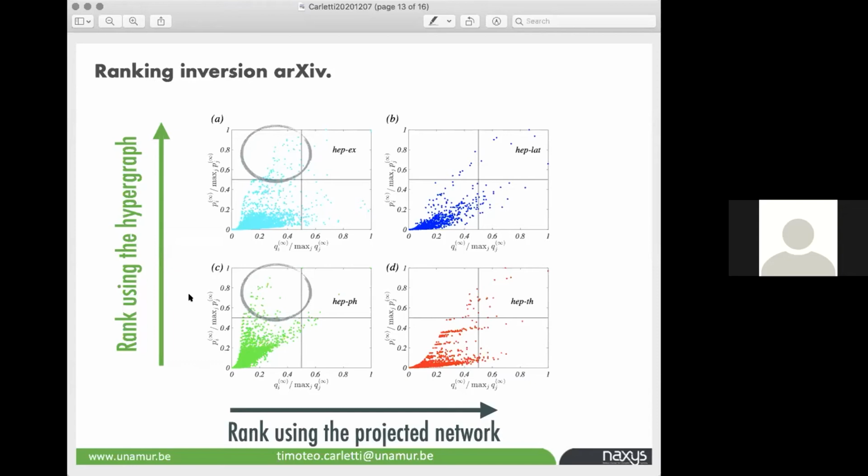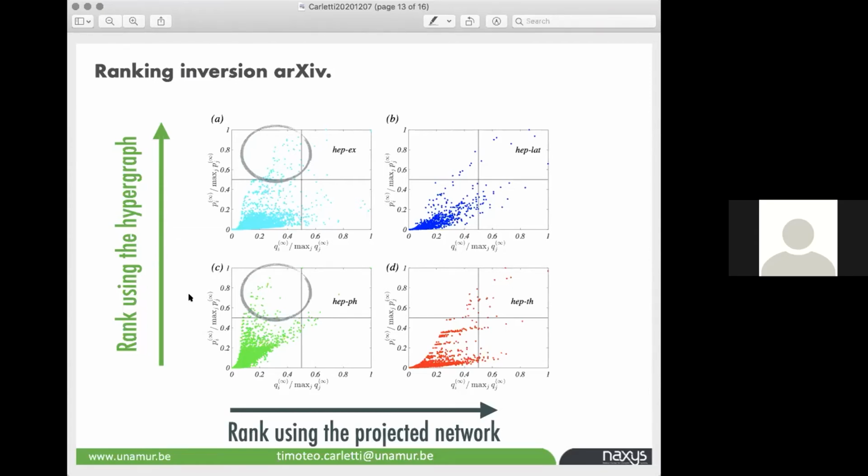And indeed, you can show that using this approach, you can differentiate the theoretical part, where researchers wrote papers in small groups, from the experimental part, where normally papers are written by a very large number of co-authors. So this can be observed using the hypergraph, but not using the projection on the network.